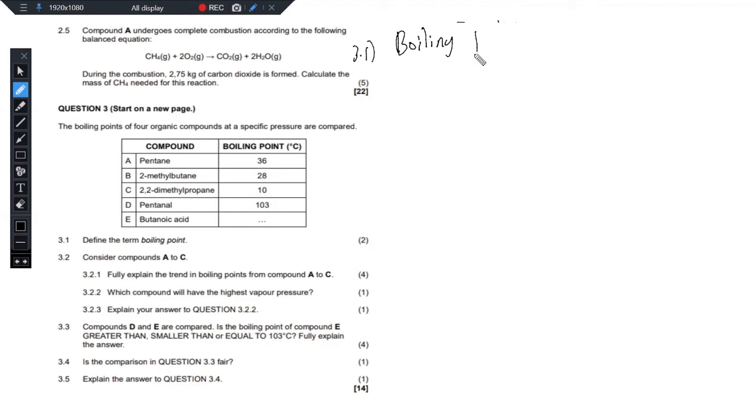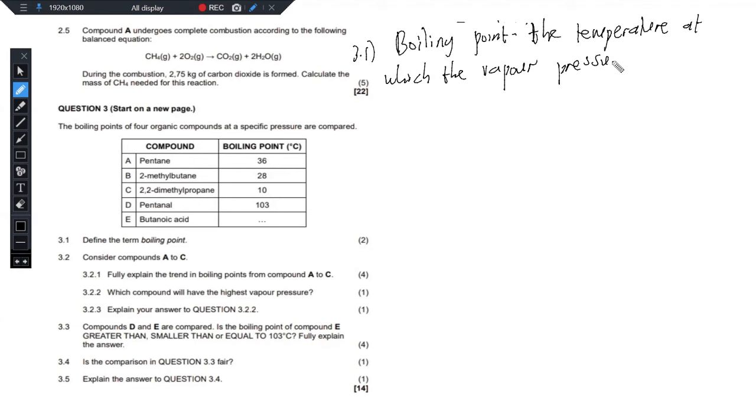So 3.1 boiling point, we say this is the temperature at which the vapor pressure of a substance is equal to atmospheric pressure.